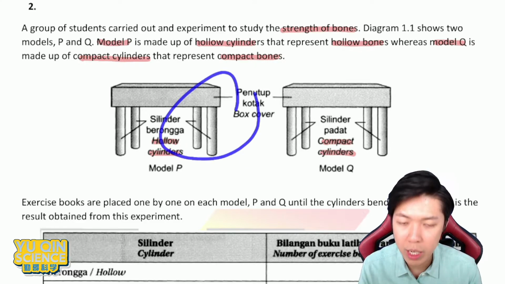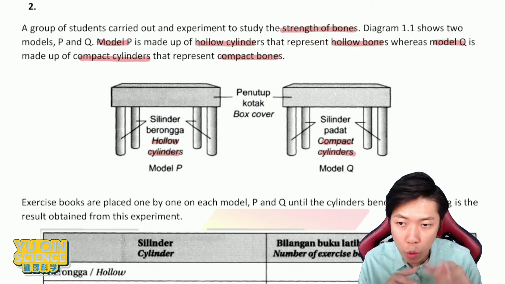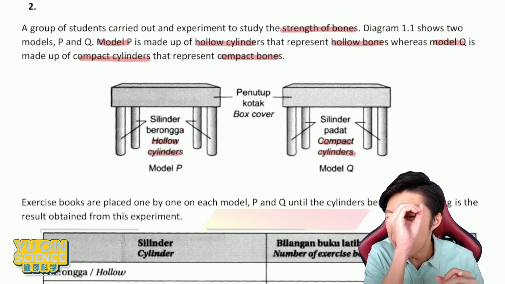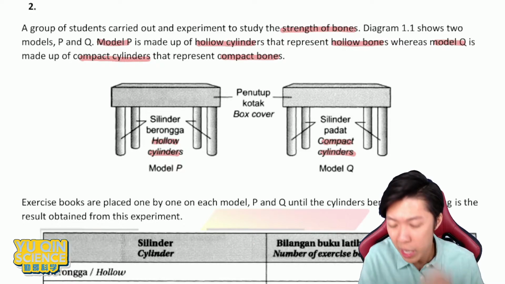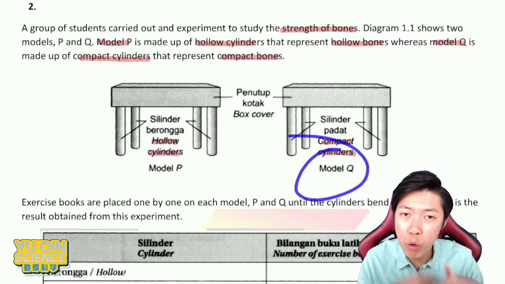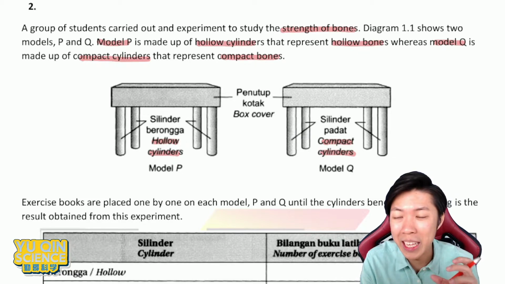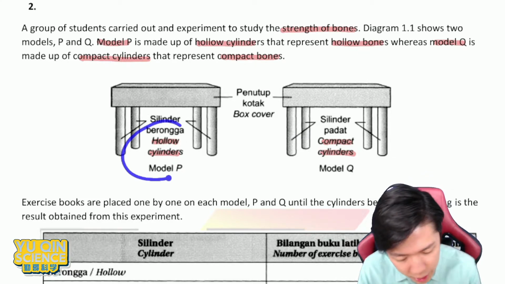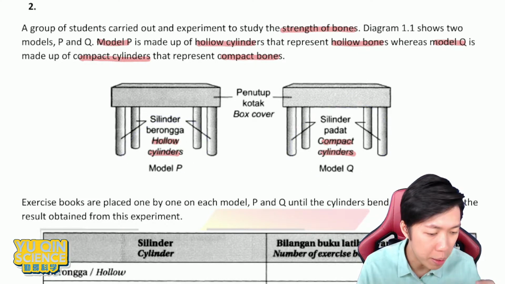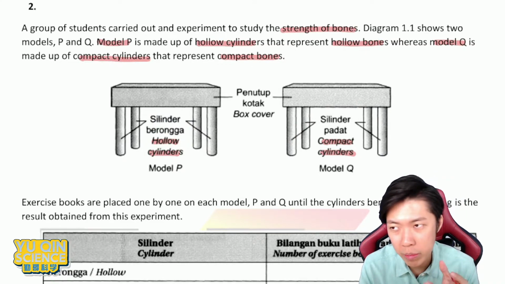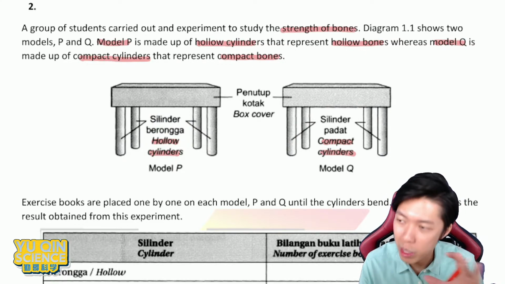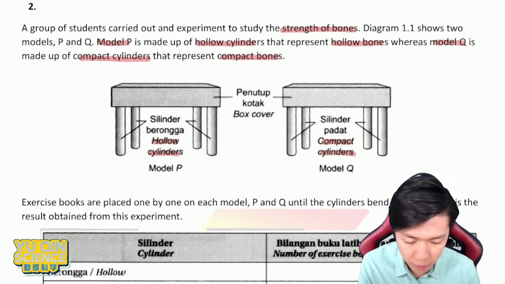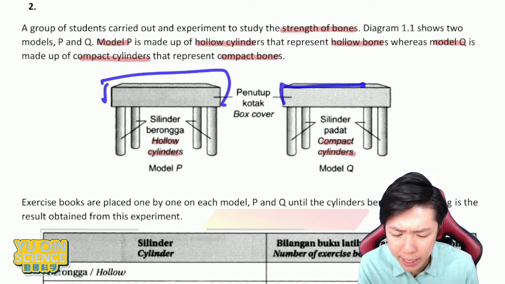Okay, how do we do this? We roll A4 paper and leave it empty. For Q we roll a lot, make it thick and compact. So compact cylinder. Then we place a cover on top.